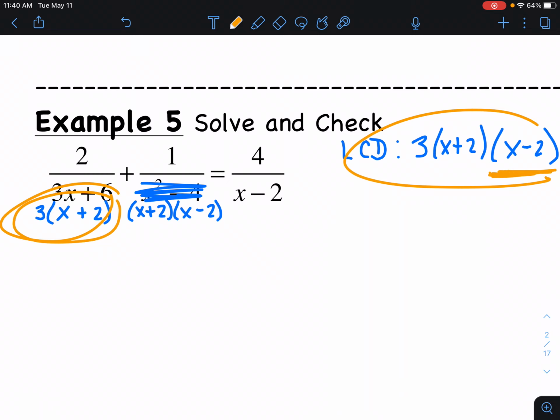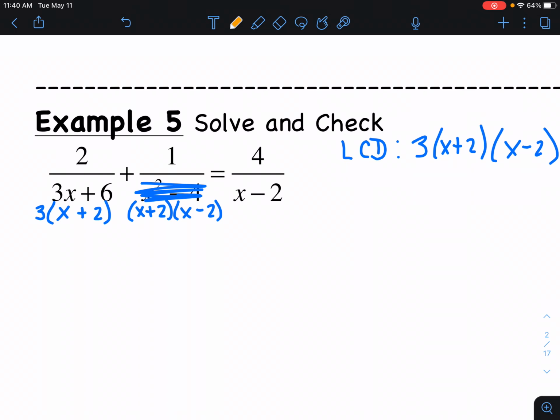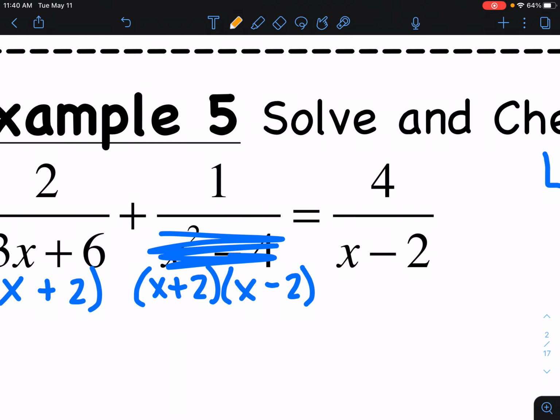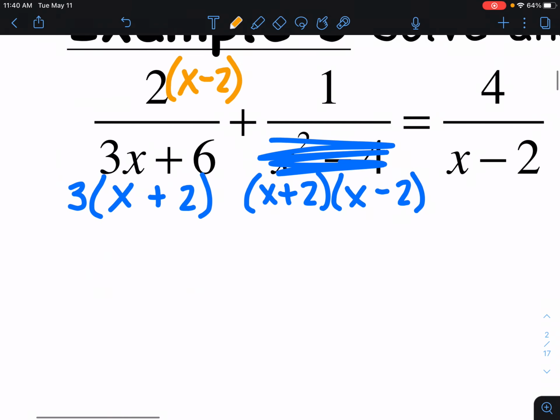So a shortcut that we're going to use is we're going to multiply the 2 on the top by this x minus 2. So we're going to distribute that. 2 times x, 2 times negative 2.